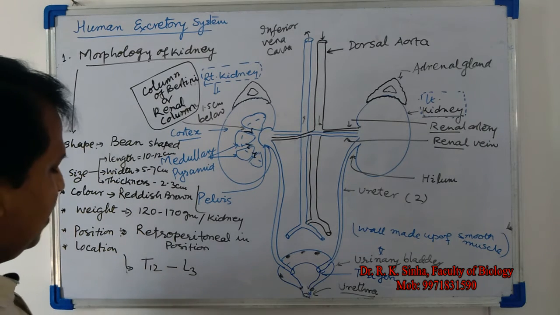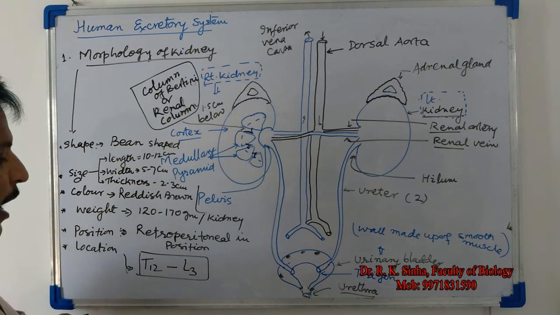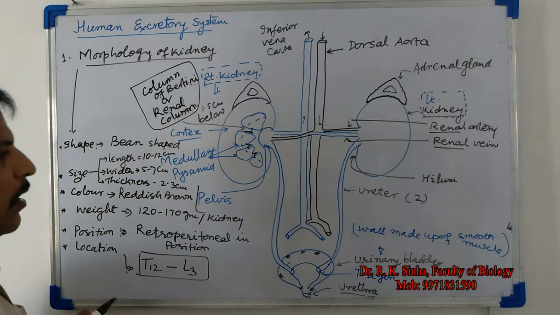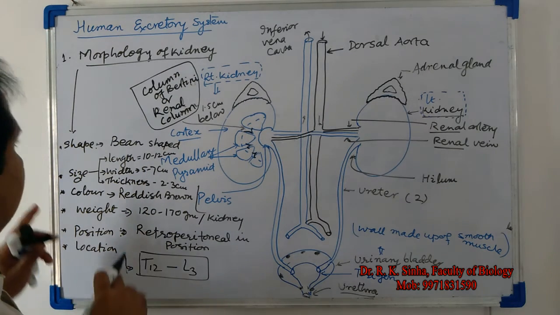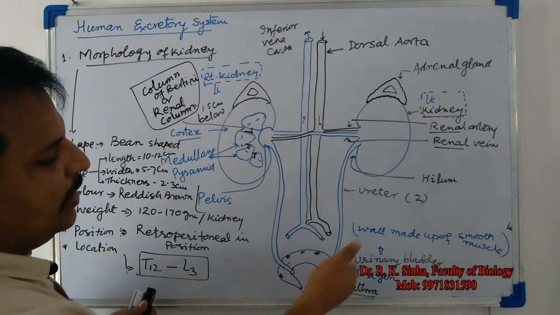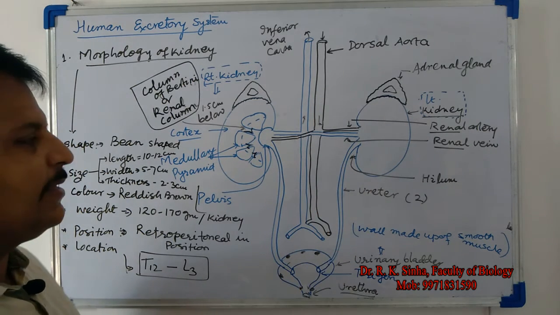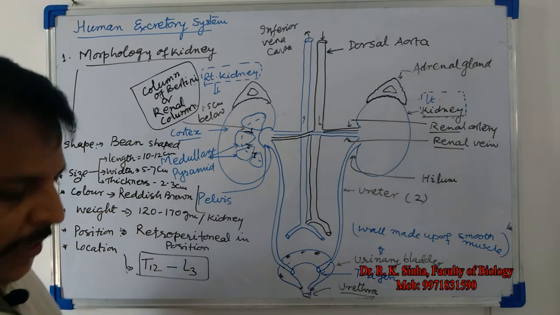Lumbar vertebrae are 5 in number. So it is in between T12 and L3. So this is the morphological feature of this kidney. Okay, and the rest of the structure we have already discussed or displayed in the figure.